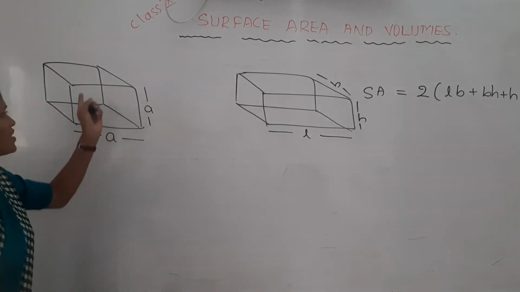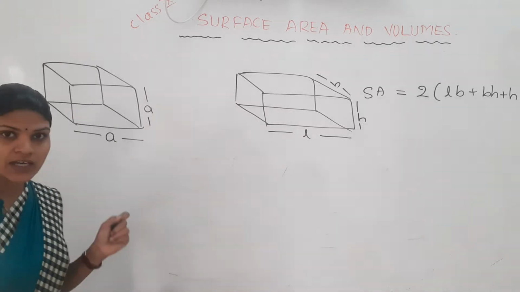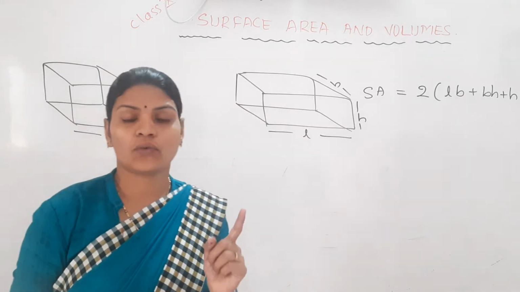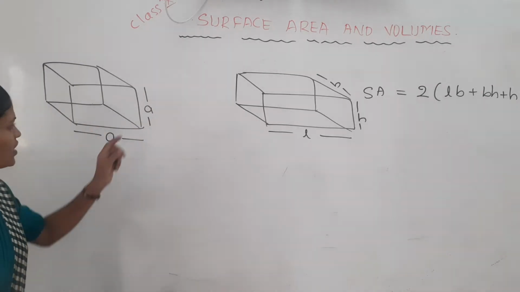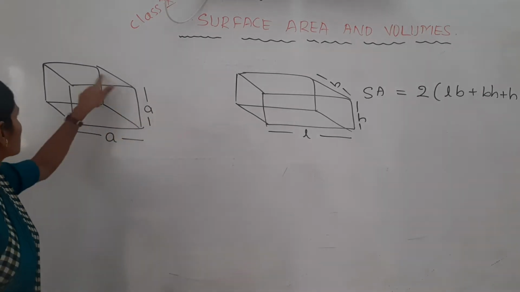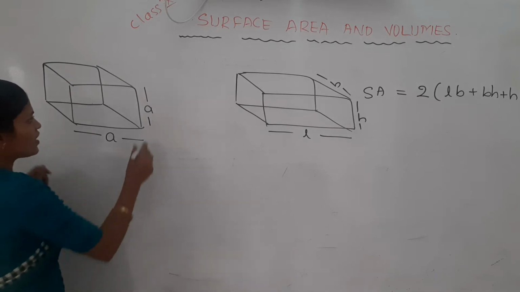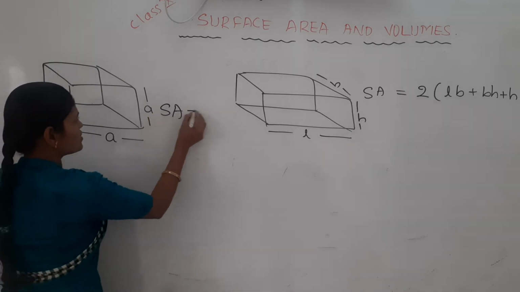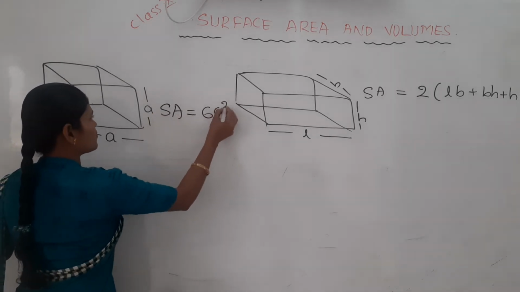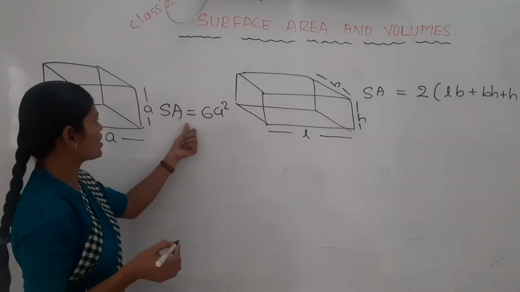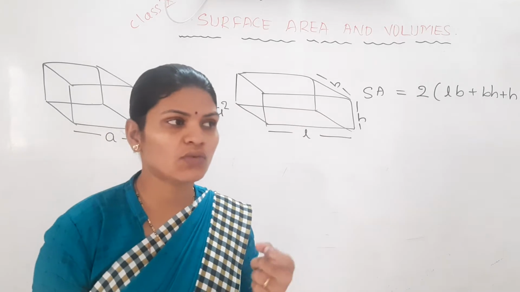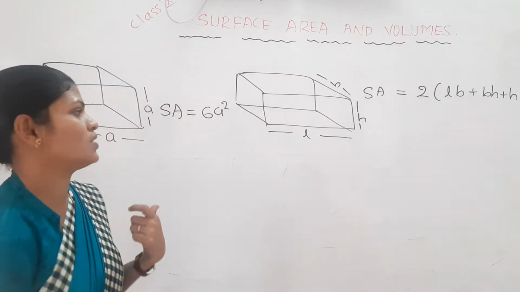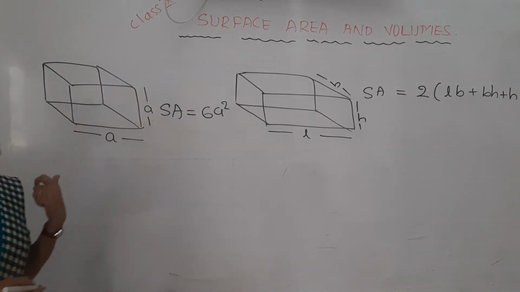Here also there are 6 squares. What is the area of one square? a into a, a square. Then next a square, such that there are 6 square areas. So surface area of a cube is 6a square. Here a is nothing but the side of the cube, the edge of the cube.